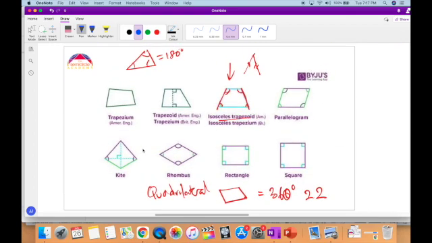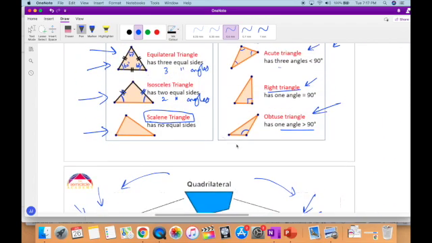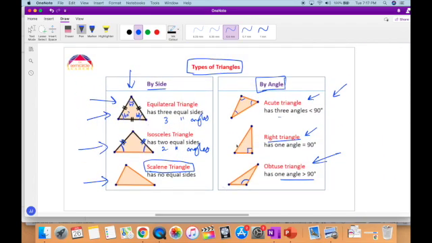So we have a little more detail here about quadrilaterals. There's nothing new that we were talking about, but there is one thing that I did not tell you. So let's go back to triangles, right? And this is an important property of triangles and quadrilaterals.